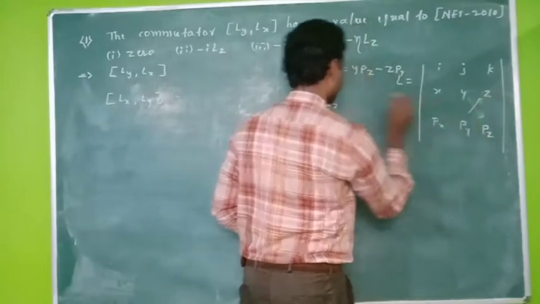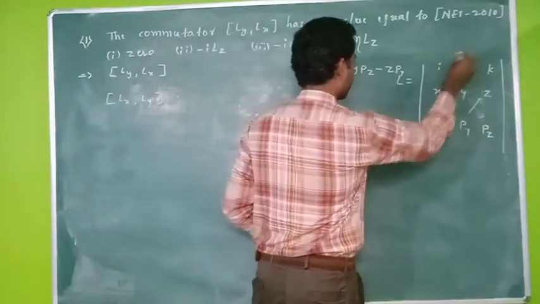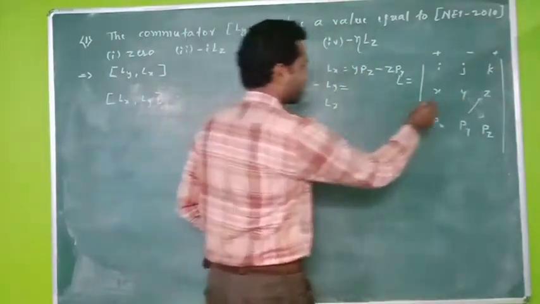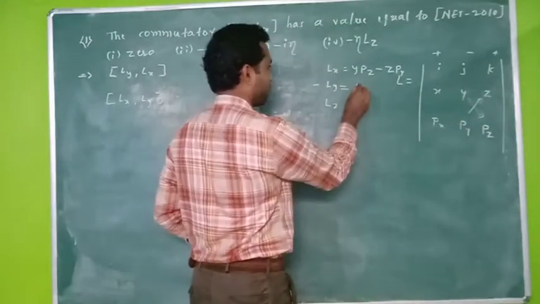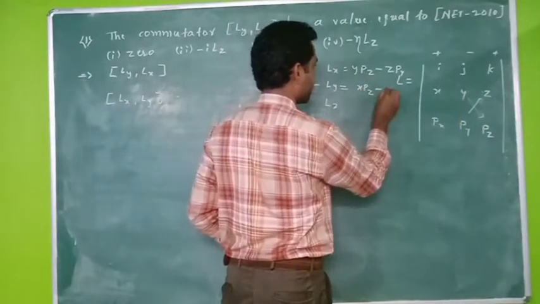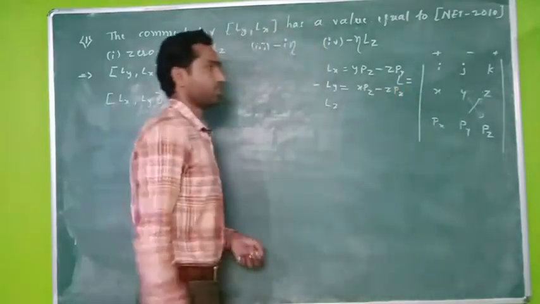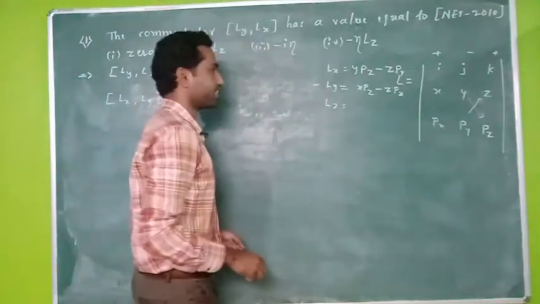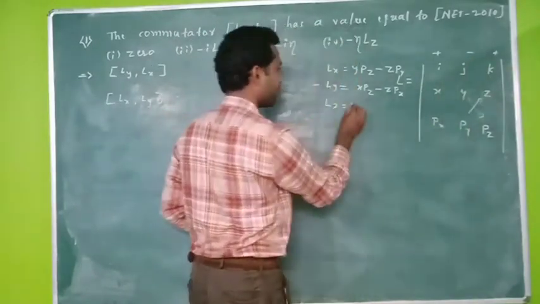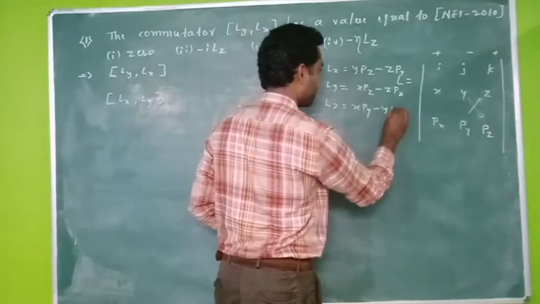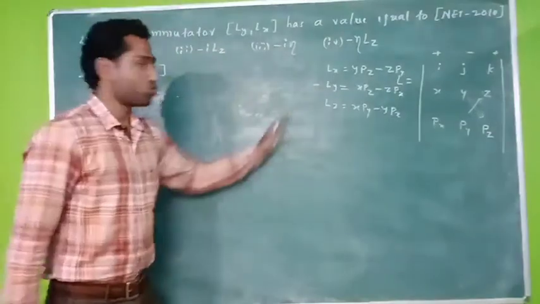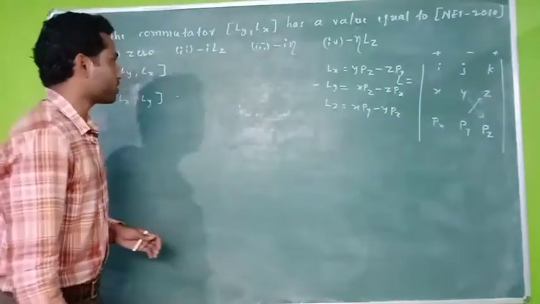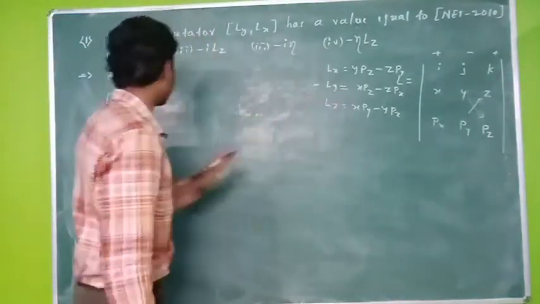Ly is equal to, with signs minus, plus, minus, plus, zpx minus xpz. Similarly, operator Lz is equal to xpy minus ypx. This is what we know from our basics of operators.